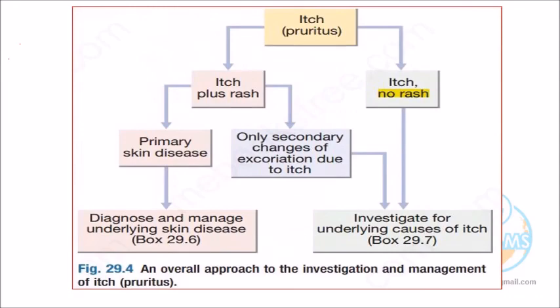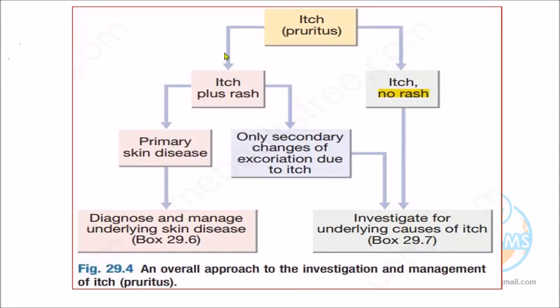But whenever local itching is there, how are we differentiating this? If itching is there without any rash, again it may be dangerous. Very simple feature: only itching without rash, maybe local or maybe systemic. Usually without rash is systemic, generalized. So investigate for underlying causes. That means there are underlying other diseases.